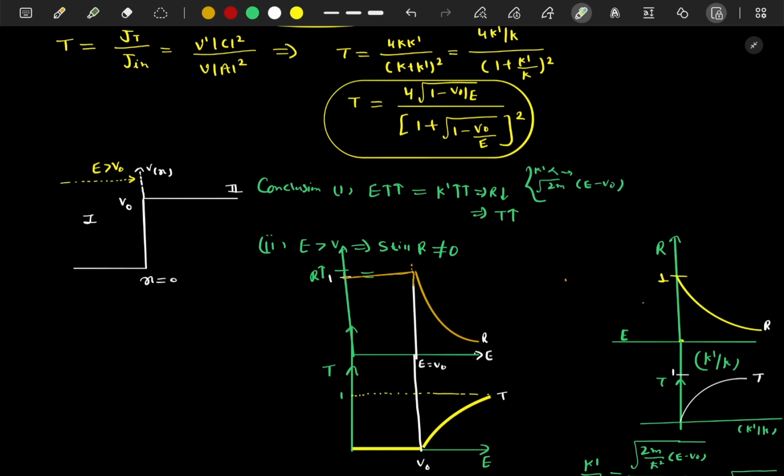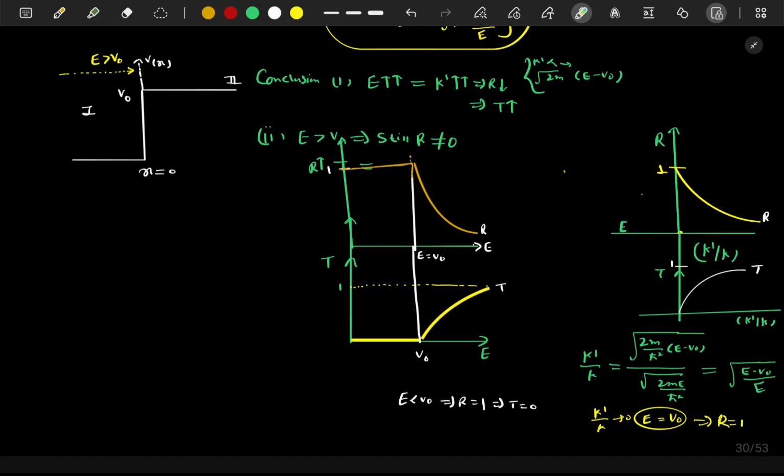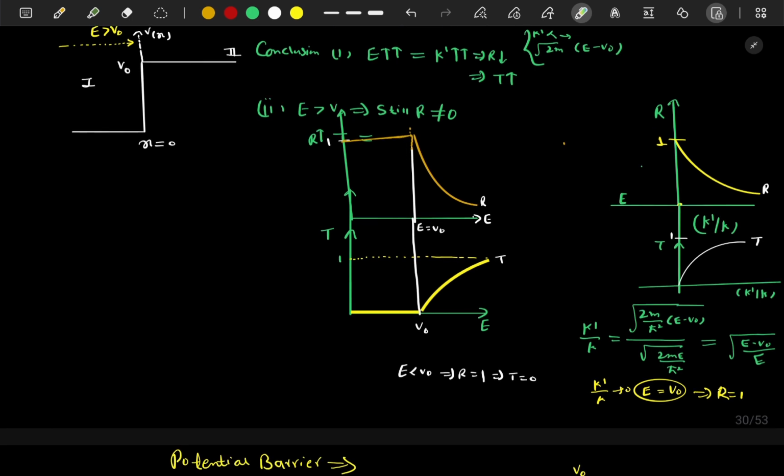Second, when E is greater than V naught, what will happen? R is not equal to 0. Now this is for E less than V naught, and this is for E greater than V naught. So for E less than V naught, what will happen? R is 1 and T is 0.